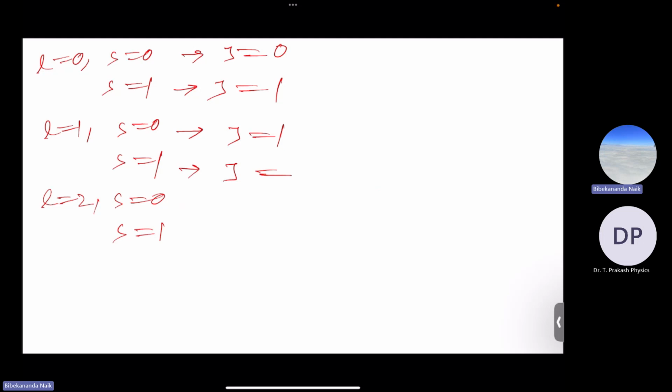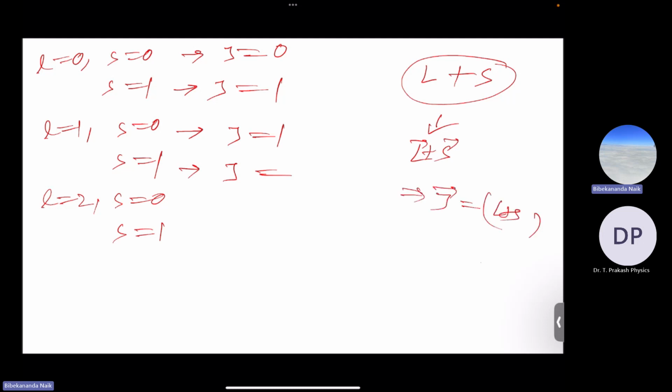For the vector addition of L vector plus S vector, J will be L plus S down to L minus S with 1 decreasing. So here L plus S is 1 plus 1, 2, and L minus S is 1 minus 1, 0. So it will be 0, 1, and 2.